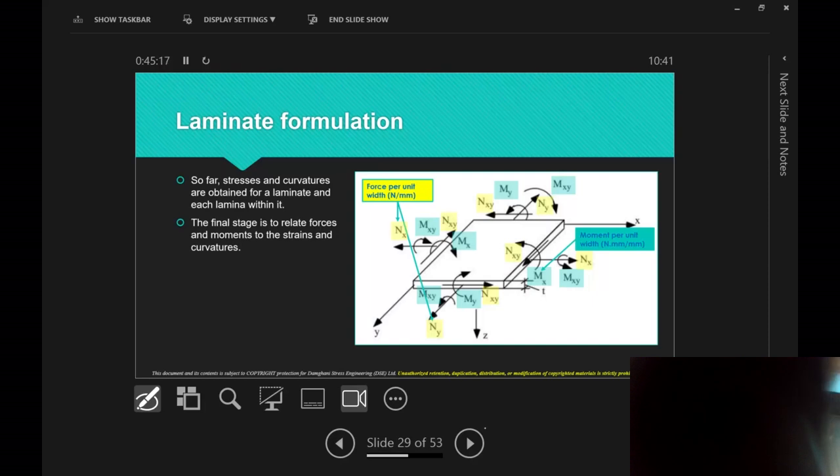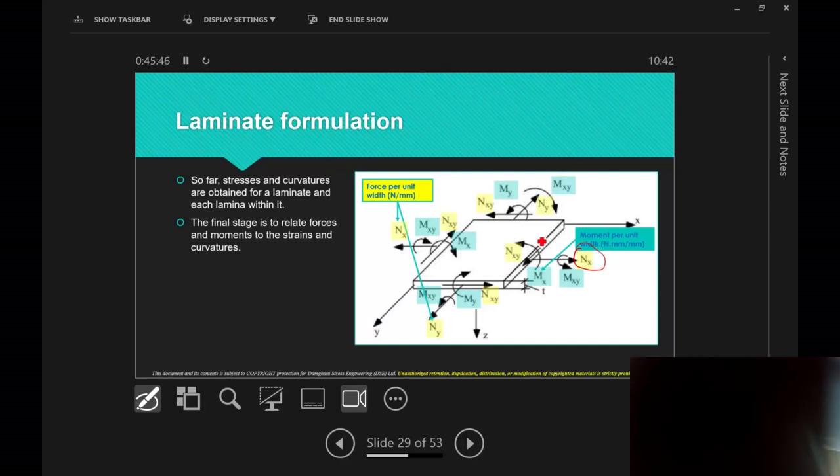So it's a composite under a very general loading scenario. So you have forces in the x direction, and remember when we're dealing with composites, when we say forces, the forces are always expressed per unit width. So the unit is not Newton; it's Newton per millimeter or Newton per meter. Okay, so that's something you need to bear in mind. If the width is 200 millimeter, then you need to multiply that force by 200.